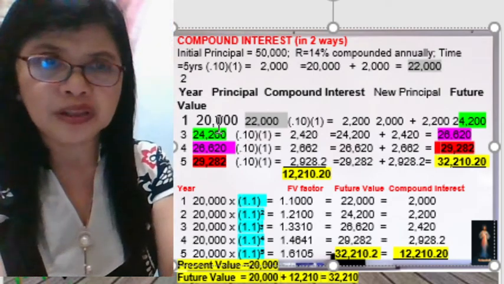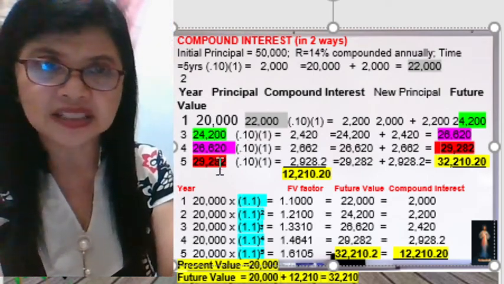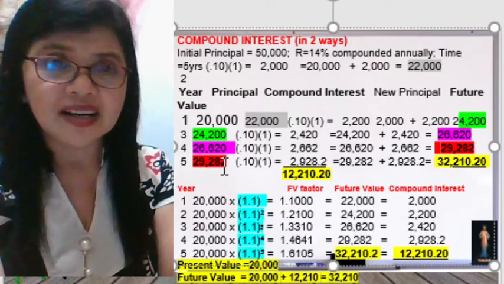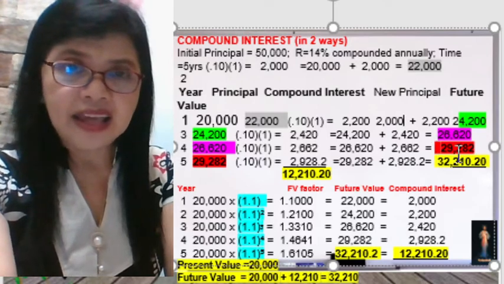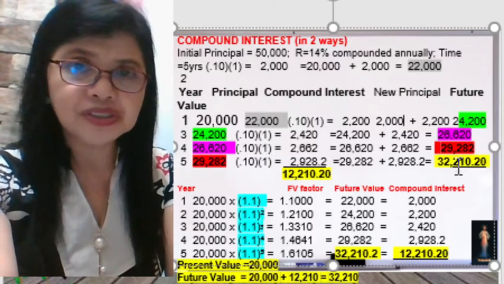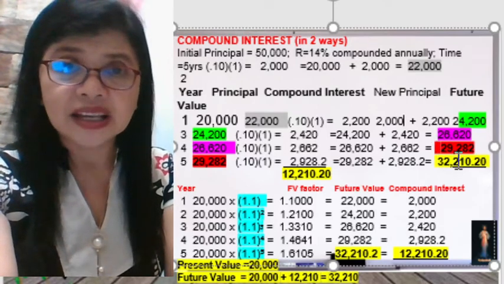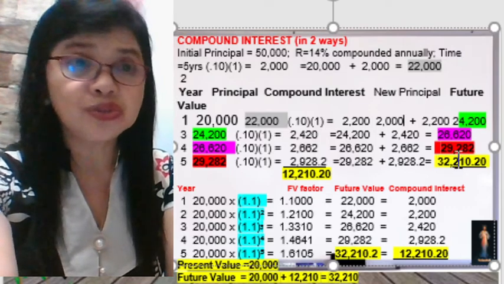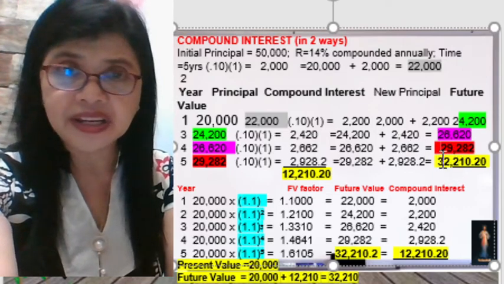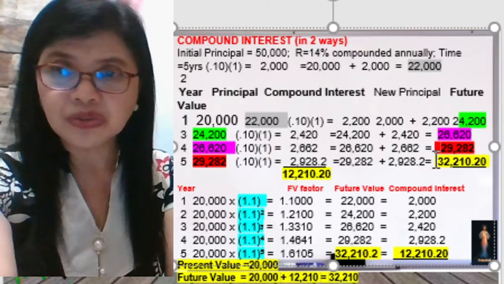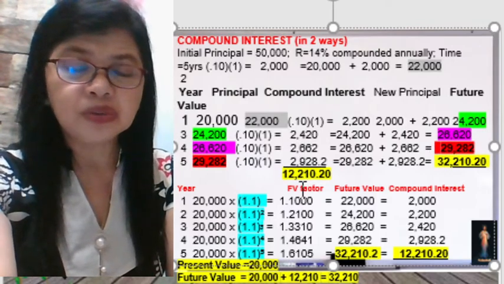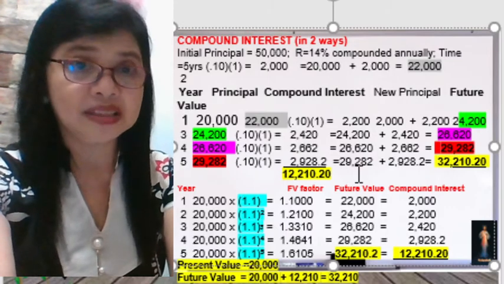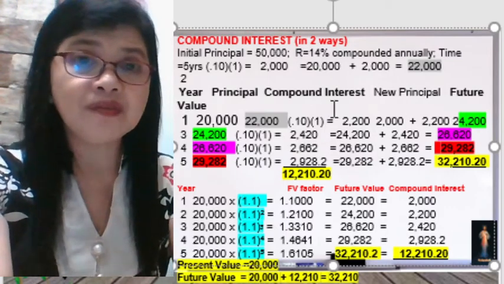Notice here that the principal is growing every year. It is not static. So at the end of the 5 years, the future value is 32,210. Look at this figure in yellow. And how much was the interest? You earned 12,210 interest in 5 years.